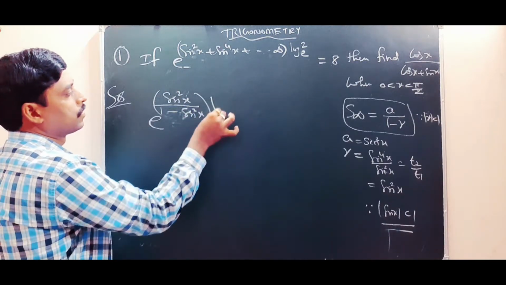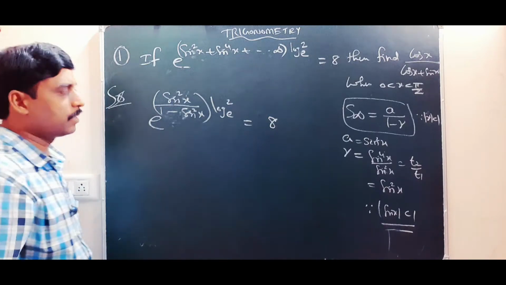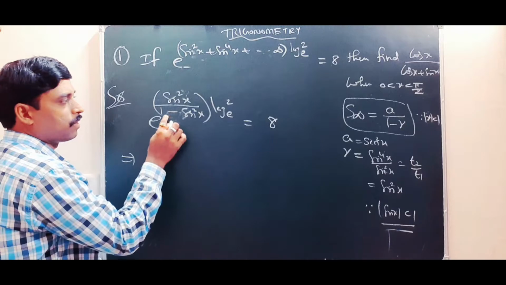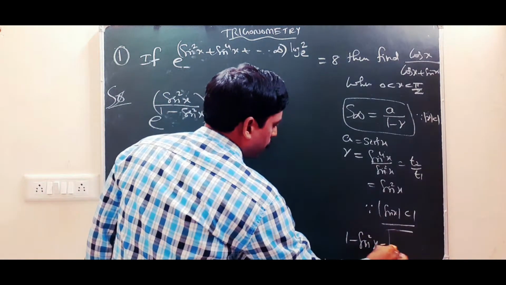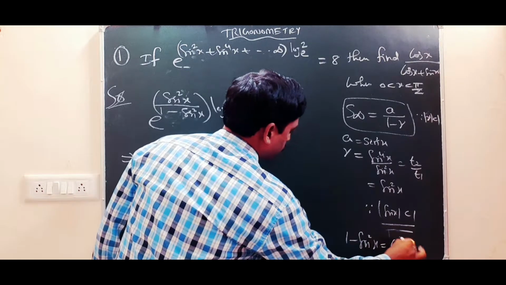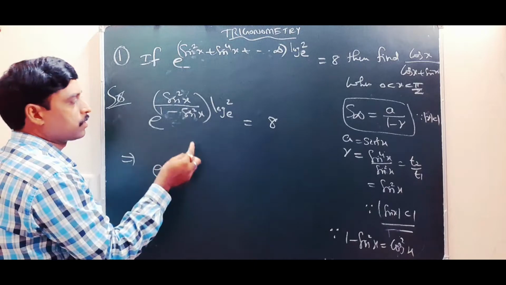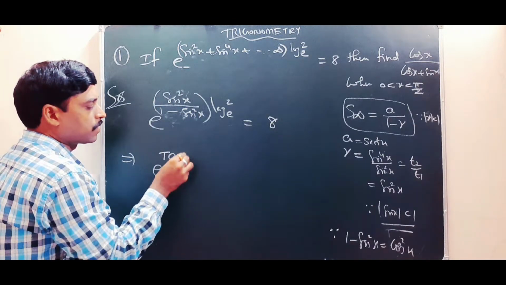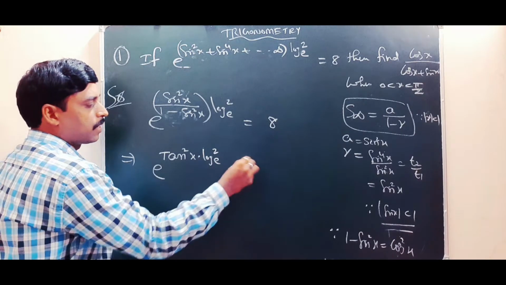Into log 2 base c is equal to 8. Okay, so it is going to be e to the power sin square x by 1 minus sin square x. So 1 minus sin square x is going to be cos square x. Sin square x by cos square x, we get tan square x into log 2 base c is equal to 8.